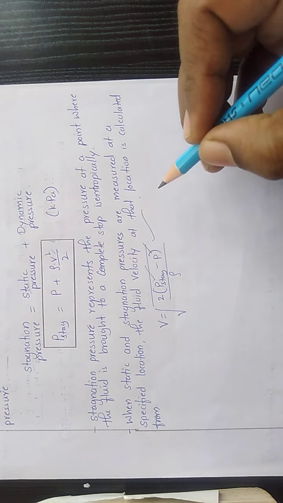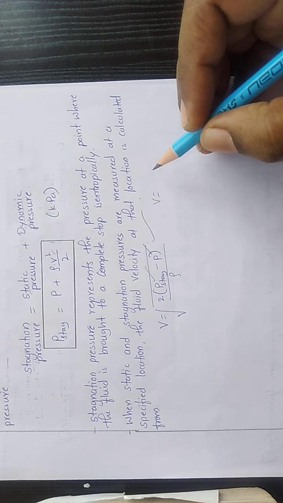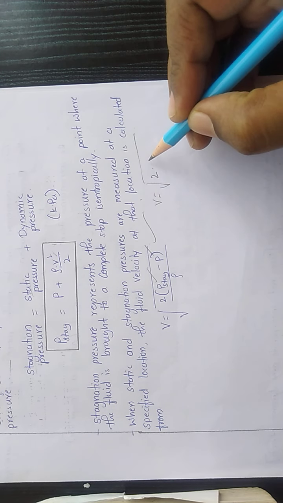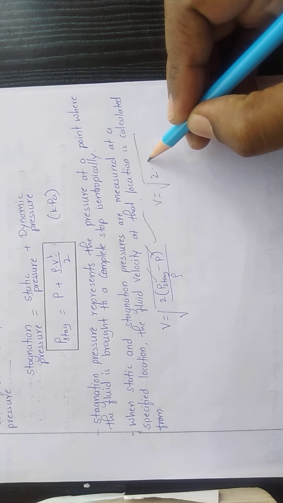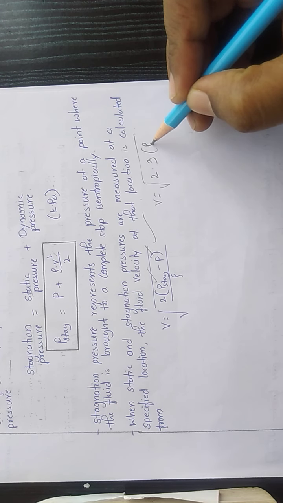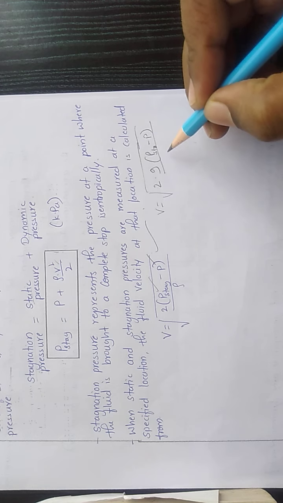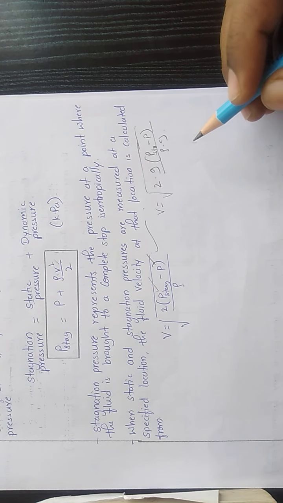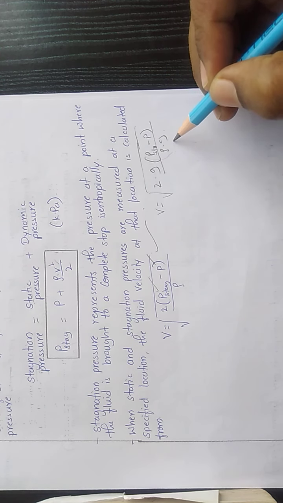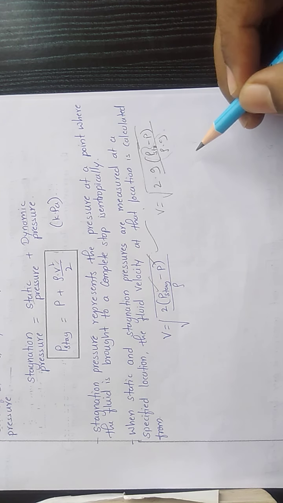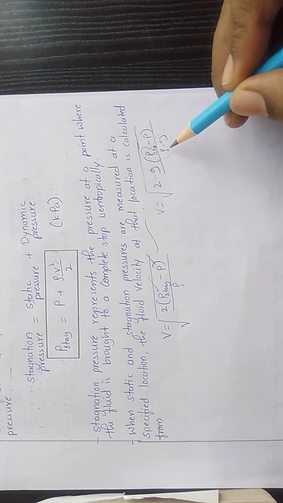Now I'll slightly rearrange this term. I'll multiply and divide it by acceleration due to gravity: P stagnation minus P static, divided by rho g. What is this P stagnation by rho g? It is nothing but the pressure head.